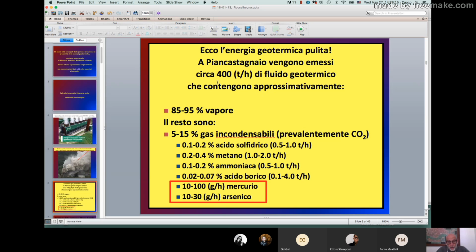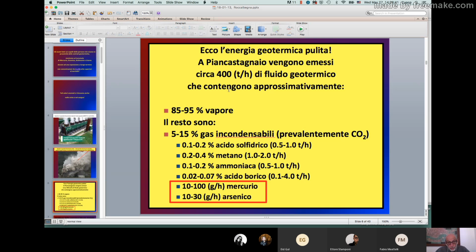So there are about 400 tons of fluid per hour that goes into the power plants, and about, say, 300 tons an hour of geothermal fluid is directly emitted to the atmosphere.